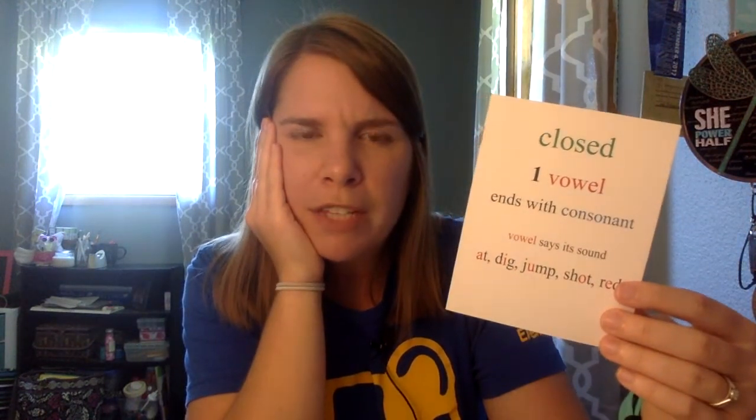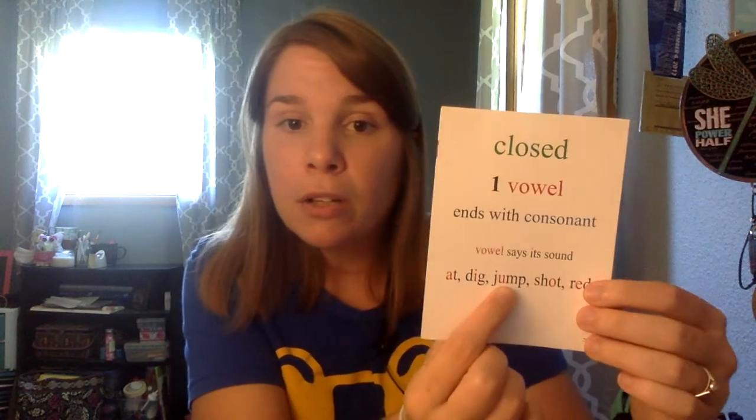Does it matter if it ends with two consonants? Does that change the fact that the U says u? No. All the rule says is that it ends with a consonant. And doesn't this word end with a consonant? Yeah. So one syllable has one vowel, ends with a consonant. So the word is j, u, mp, jump.